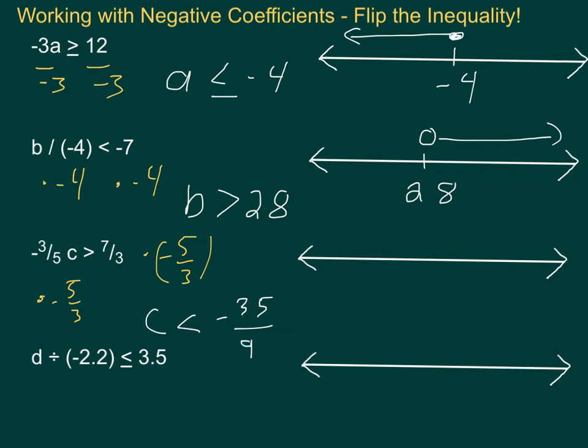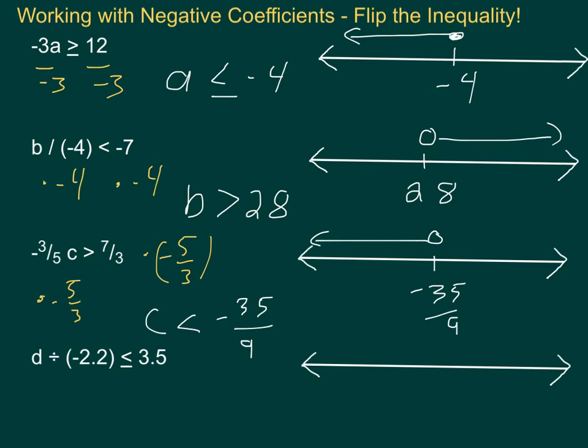Now that doesn't reduce. It's negative 35 ninths. You could have that be negative 3 and 8/9, negative 3.8 repeating. Whatever works. There's no reason we can't just leave it as the fraction as well. So we have negative 35/9, and we want things less than that. So an open circle, and we're coming off to the left. Again, we flipped the inequality because we multiplied each side by a negative.